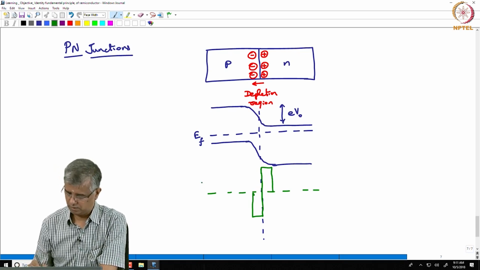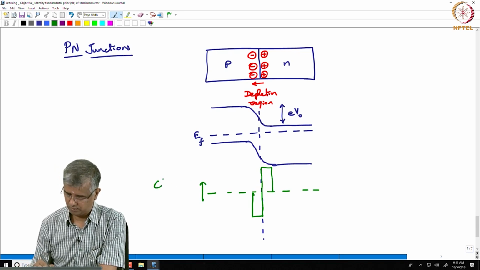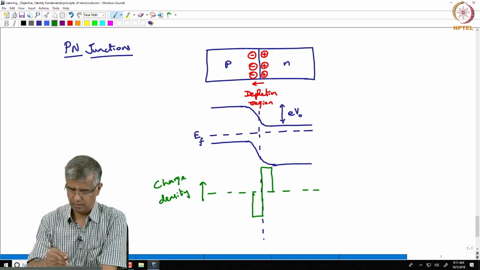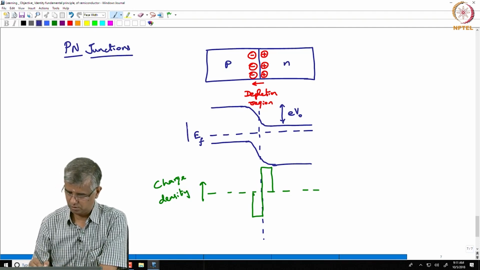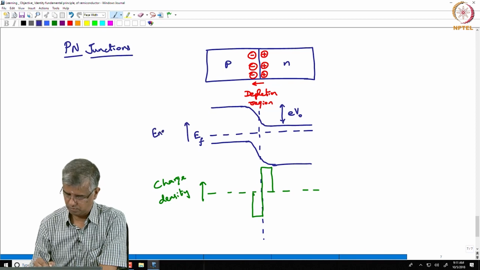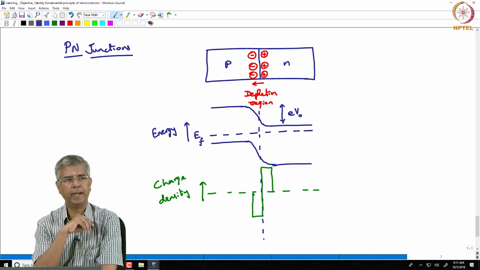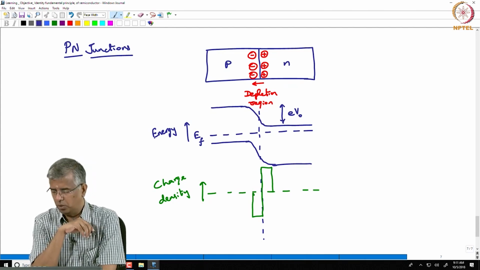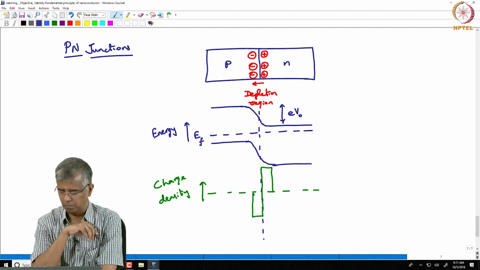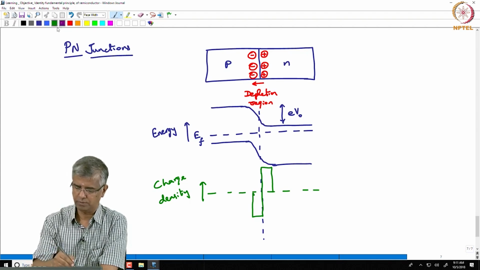So, this is in terms of charge density, right, and just to make sure this is in terms of energy over here, right. And we know from Gauss's law.